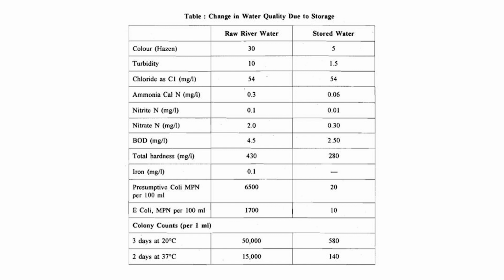Colony counts per 1 milliliter: in 3 days at 20 degrees centigrade, these are 50,000 in raw water, and in stored water only 580. In 2 days at 37 degrees centigrade, raw water has 15,000, but in stored water this number is reduced to 140.